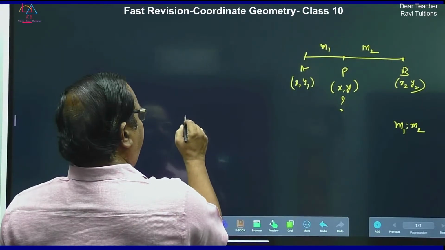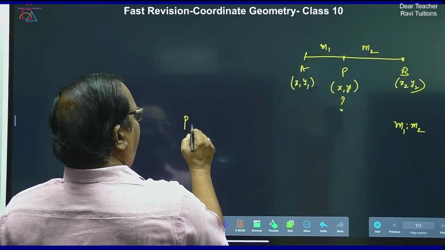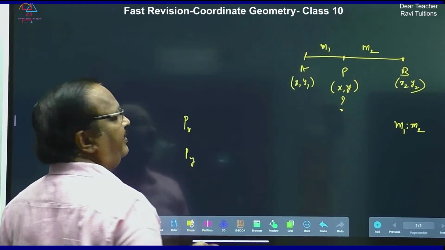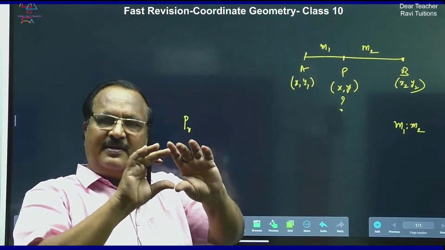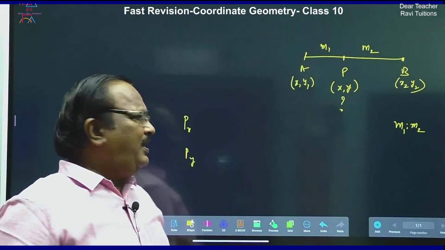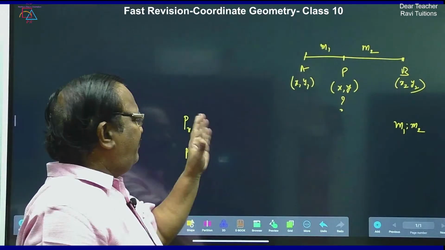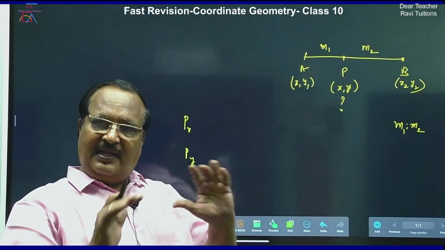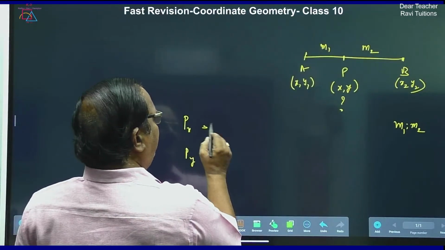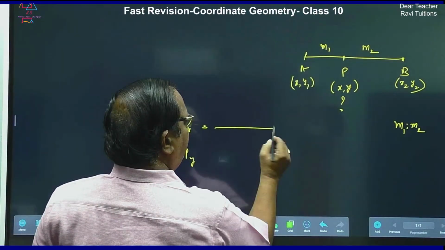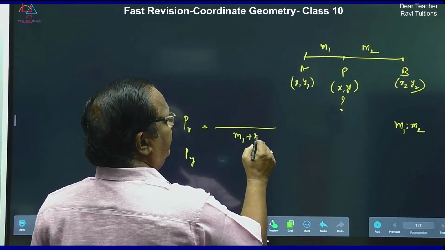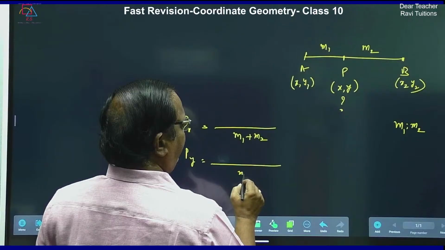So Px, that means x coordinate of P, and Py, y coordinate of P, because it's quite a lengthy formula. I will give you first in short x coordinate, y coordinate, and then I will add it so that it is easy to remember. So down you should add the ratios m1 plus m2. So here also you add the ratio m1 plus m2.